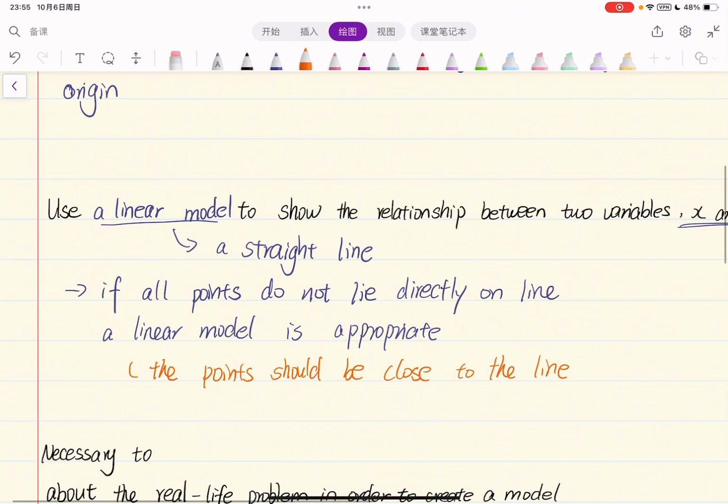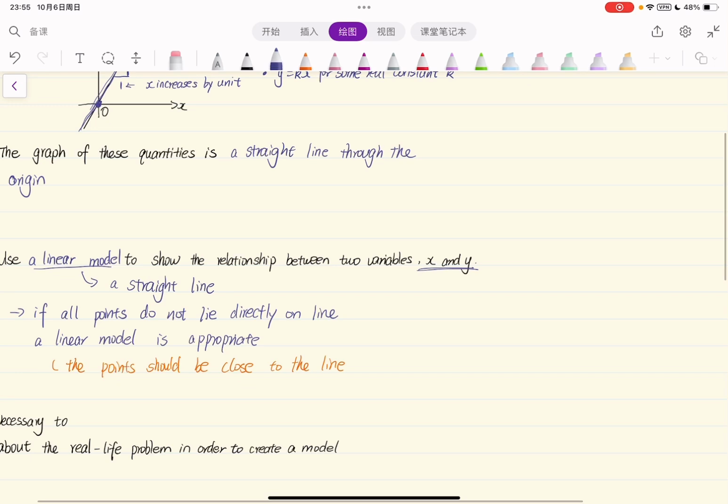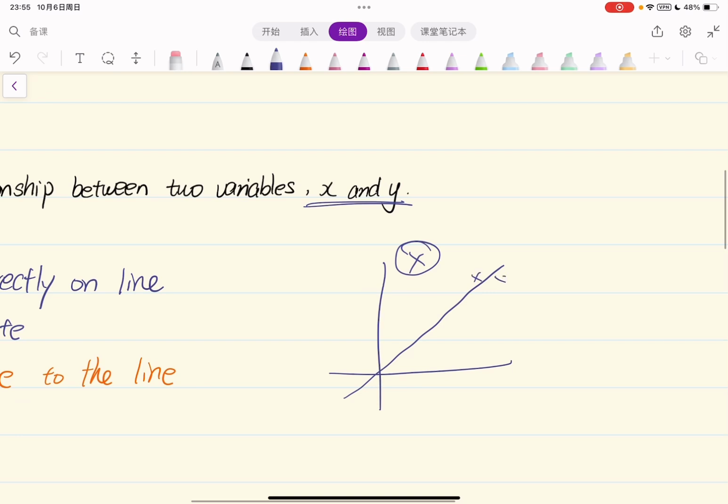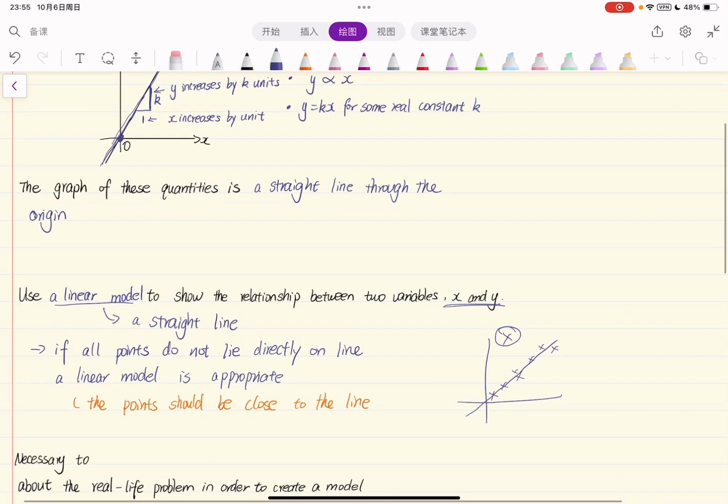For example, if here is a line, looks like that, and the point over here is obviously far away, that is not an appropriate line for the point over here. So what we expect is something that looks like that. So this is a suitable linear model.